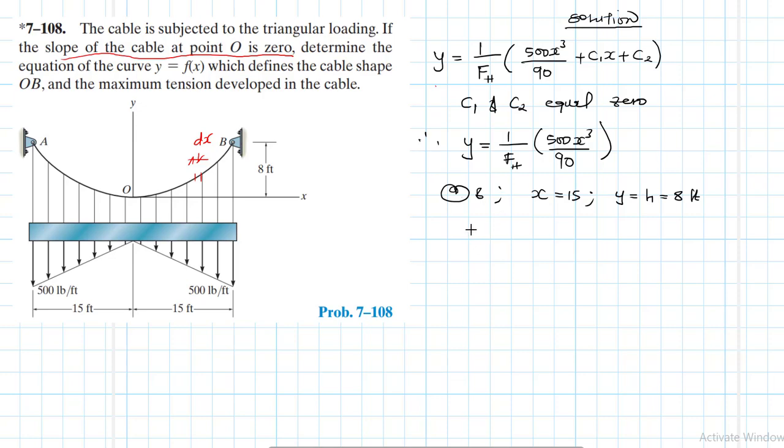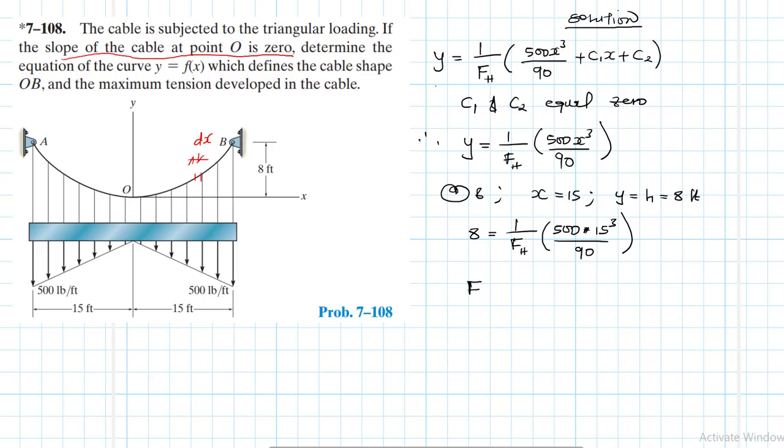I will say 8 is equal to 1 over FH, then 500 times 15 to the power 3 divided by 90.